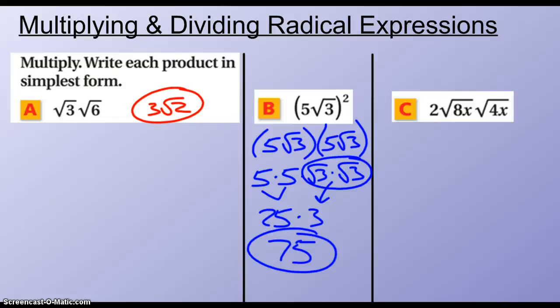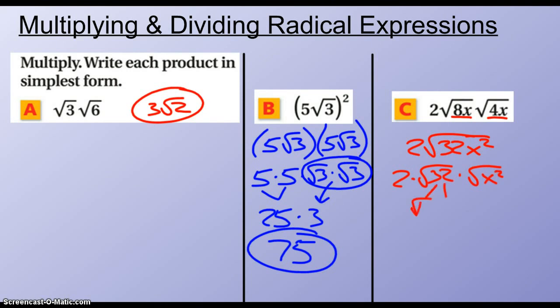You could take these two and multiply them together right away to get 2 and 32x to the second, and you could go this route and then split everything up. Okay, so I have square root of 32 and the square root of x to the second, and you could break down 32. I'm going to go 16 and 2 and take a shortcut because I know the square root of 16 is 4.